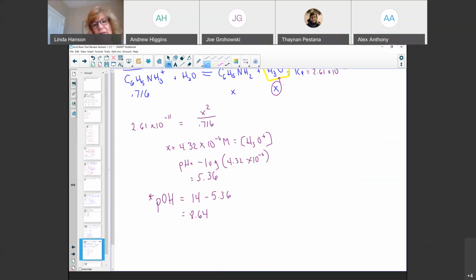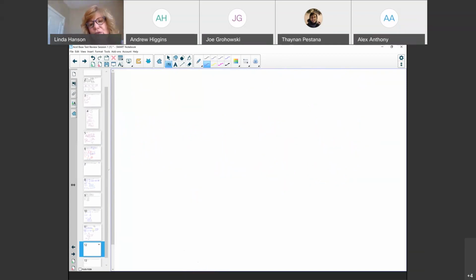And this is the little trick. And if it works for you, great, but this is how my mind works. I know that when I have a salt, it's a positive ion hooked to a negative ion, right? It's a cation to an anion. The first position cation comes from the base, and the second position, the anion, comes from the acid.